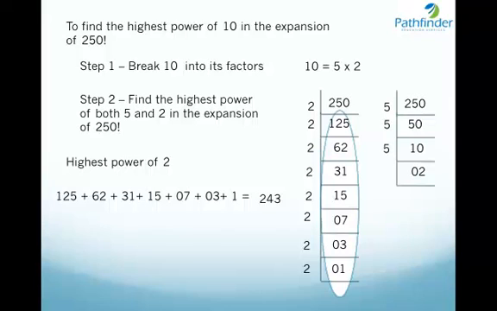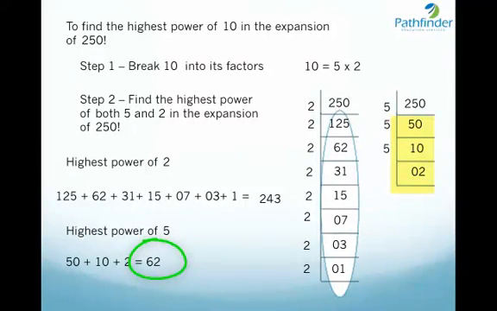So the highest power of 5, which can divide factorial 250, is the addition of all those quotients, 50 plus 10 plus 2, that is 62. So we have two values here: the highest power of 2 is 243 and the highest power of 5 in the expansion of factorial 250 is 62.